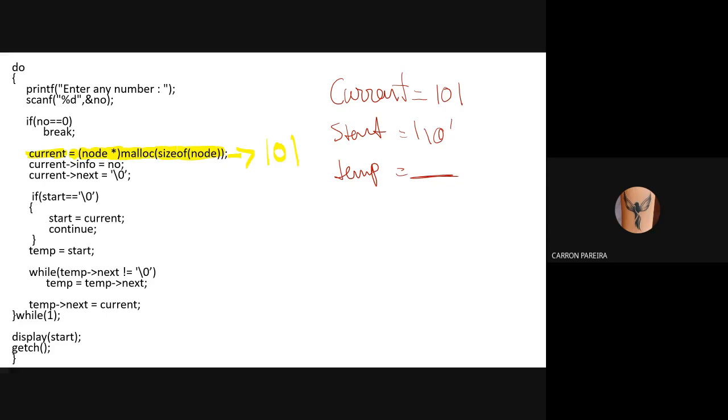Before malloc, what you have written, node star, is that compulsory? Of course, it is mandatory. Why it is mandatory, you will come to know when we go through the program, because every time we need to create a new node. Don't worry, you will understand this.